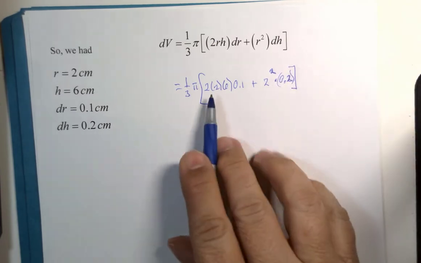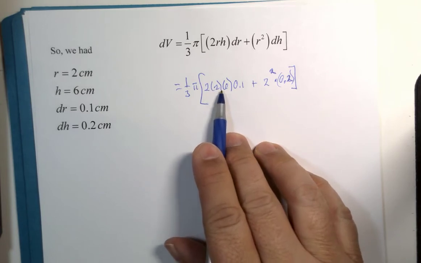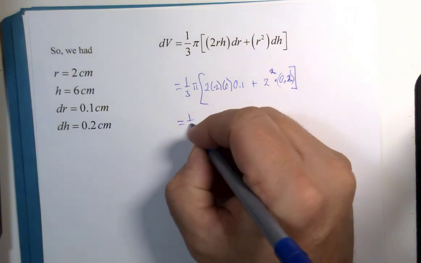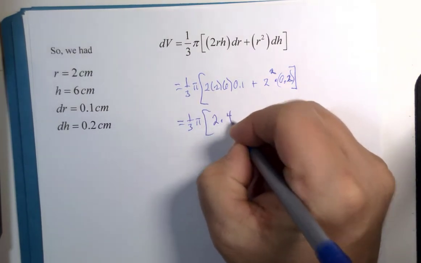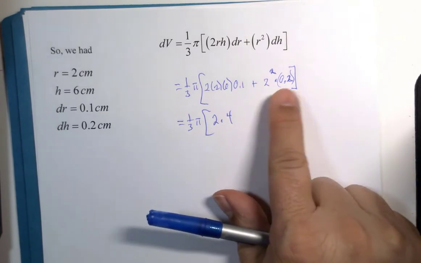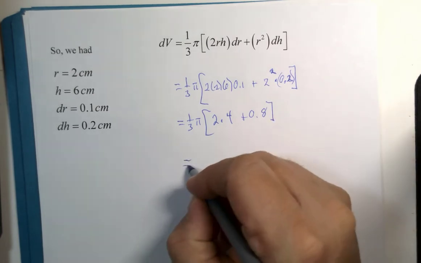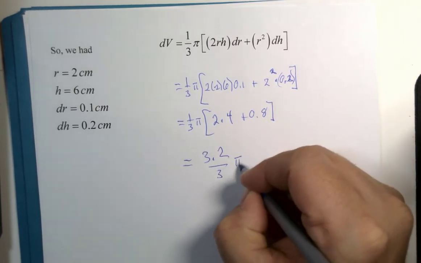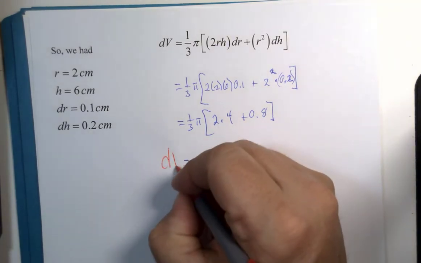So that's 2.4, times 1/3 pi. 2.4, 4 times 2 is 8, 0.8, that would be 3.2 over 3 times pi is the value of dV.